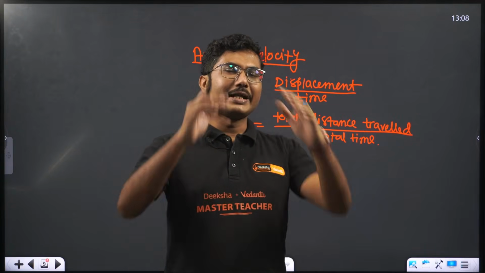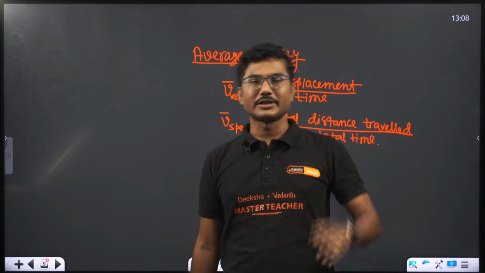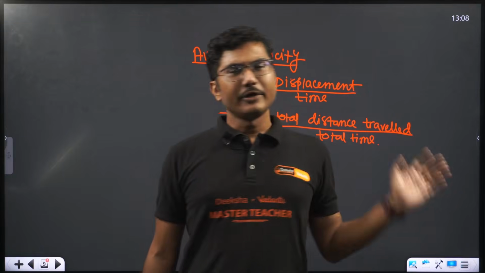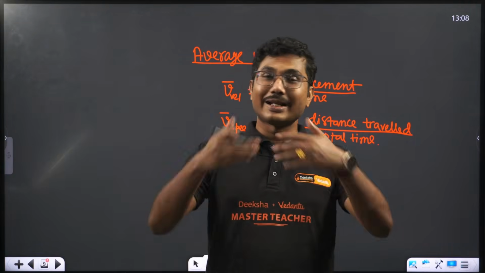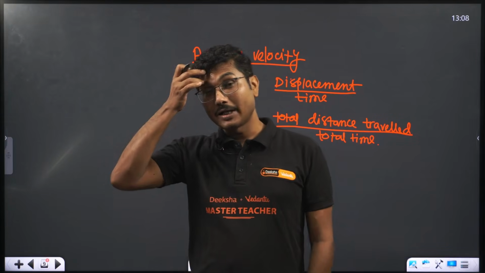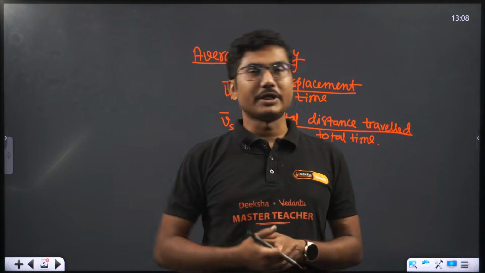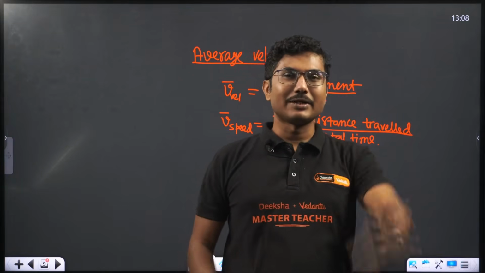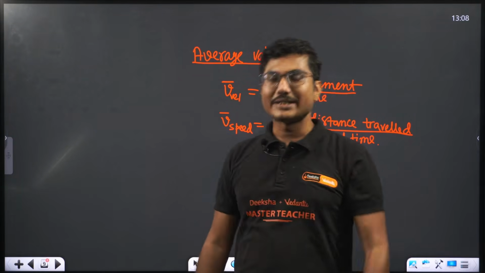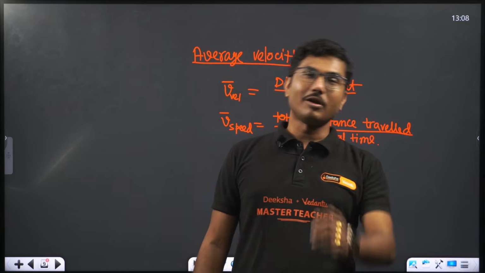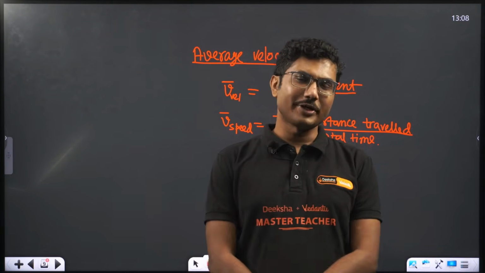Sometimes you moved at 120 km, sometimes at 60 km. Your average speed was 80 km per hour, so you think you won't get a traffic challan. But when the speed cameras check your motion, they find that at this particular time the car was moving at 120 km. When they come to you and say you have broken the law, you say, no, look at my meter, I am traveling at an average of 80 km only.